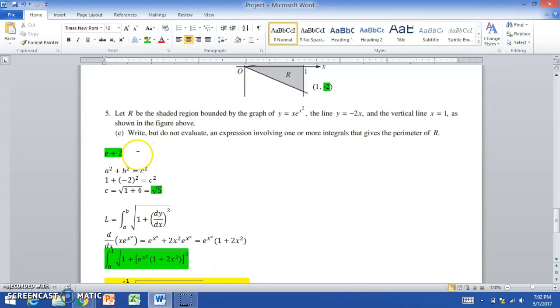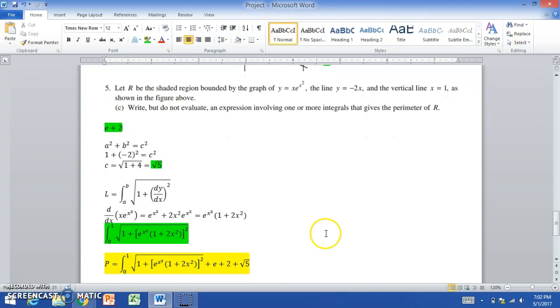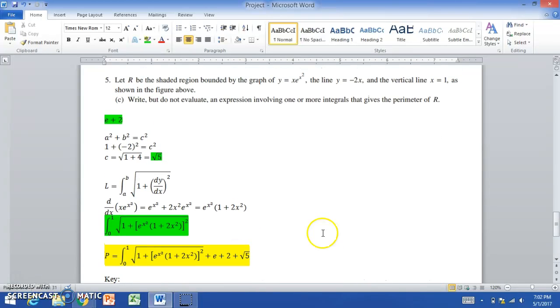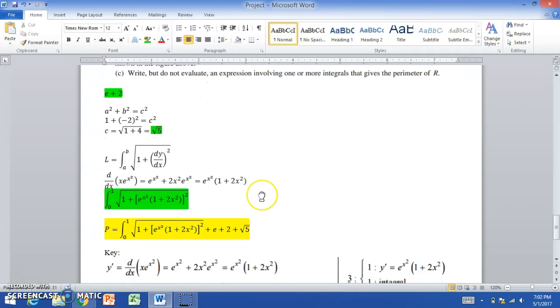Now we found the distances for all sides of our region R. Then we can find the perimeter, write the expression but do not evaluate, which would be the integral from 0 to 1 of the square root of 1 plus e to the x squared times 1 plus 2x squared, squared, plus e plus 2 plus square root of 5.